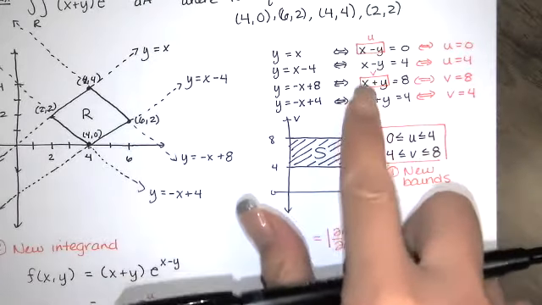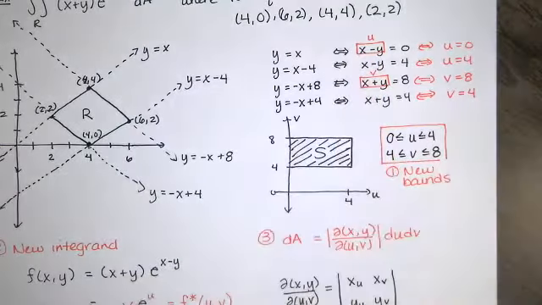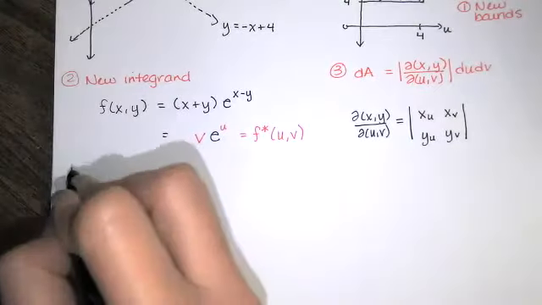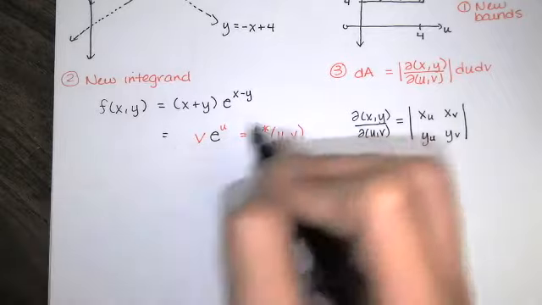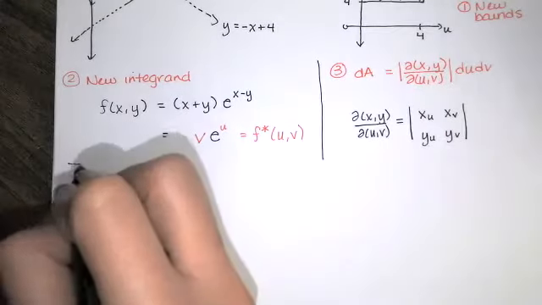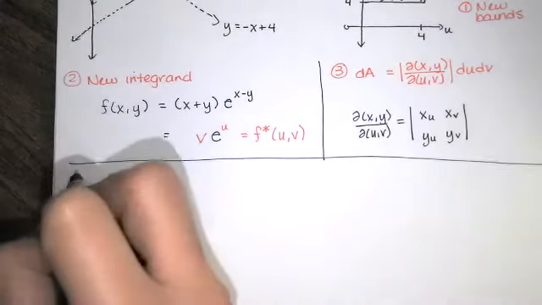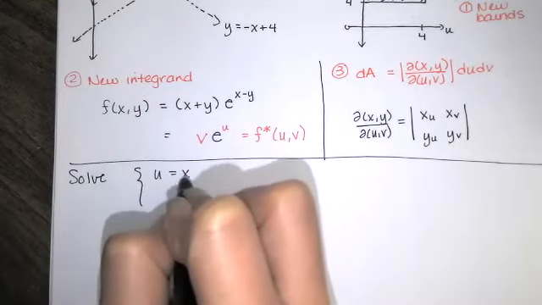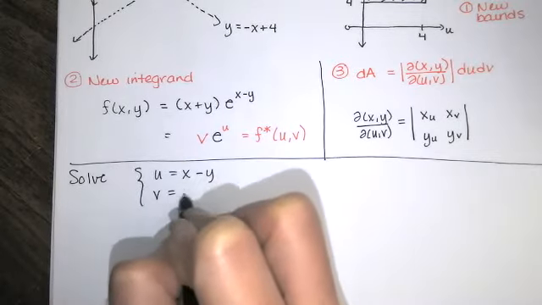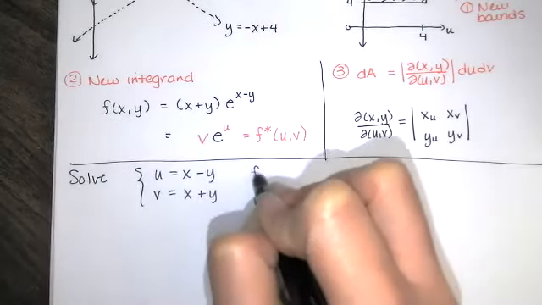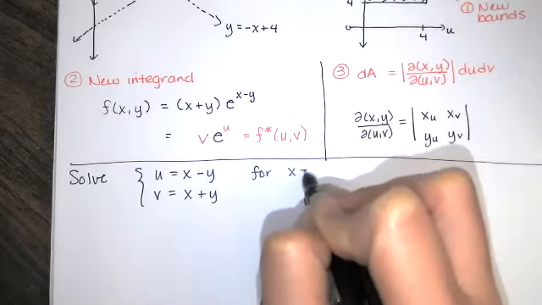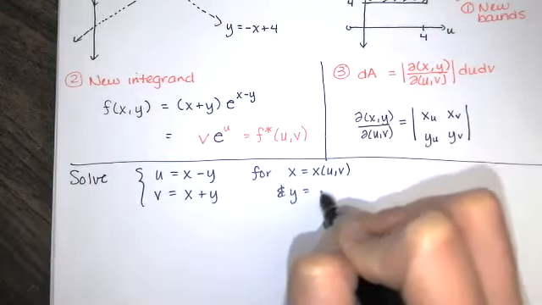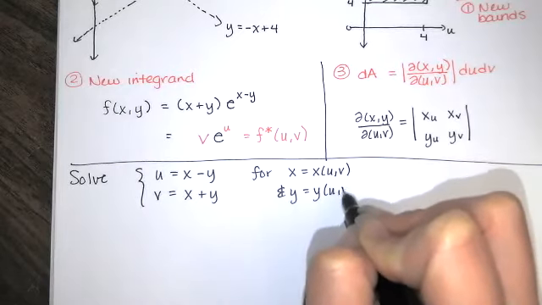We know what u is in terms of x and y, and we know what v is in terms of x and y, but we need it the other way around. So we need to solve this system of equations, u equals x minus y, and v equals x plus y, for x as a function of u and v, and y as a function of u and v.